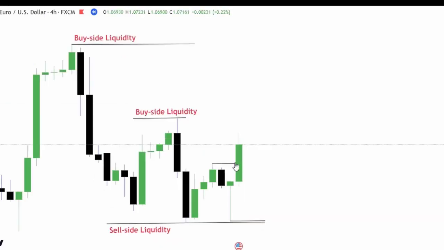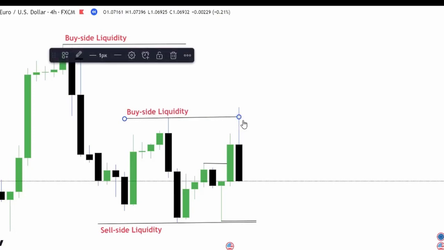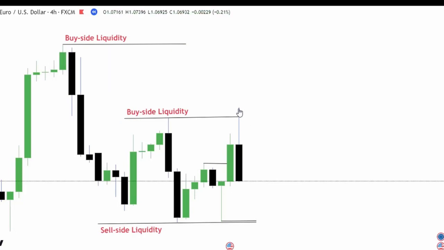Because this high has been taken out, we are now making another swing high, but we are yet to confirm it. If we get another lower high to the right, we can say that this is our recent swing high. If we continue playing like this, you can see we have another high, and this swing high has also been taken out, but we are yet to confirm that this is our recent swing point.